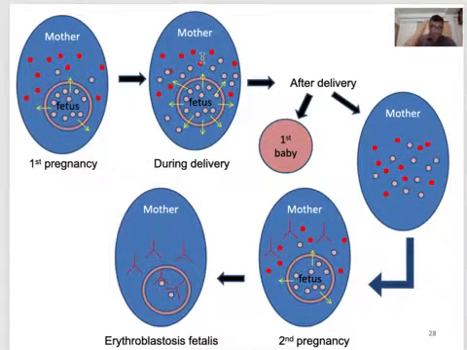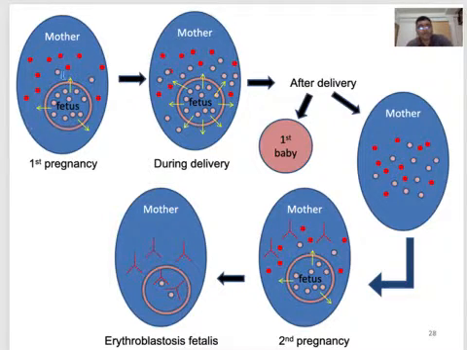Now you can ask me one thing: during the pregnancy the mother is producing some antibody against Rh, so why don't those antibodies cause problems in the fetus? Why don't they go back to the fetus, interact with the Rh antigens and cause lysis?